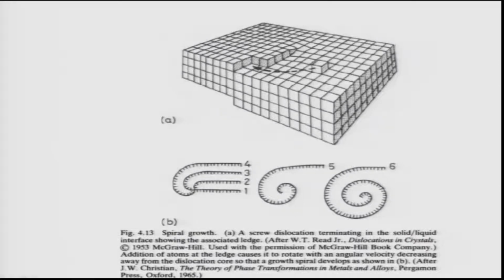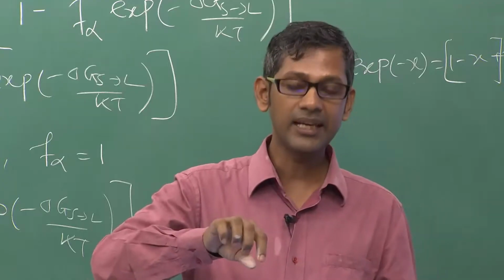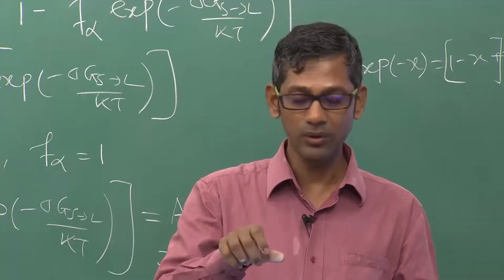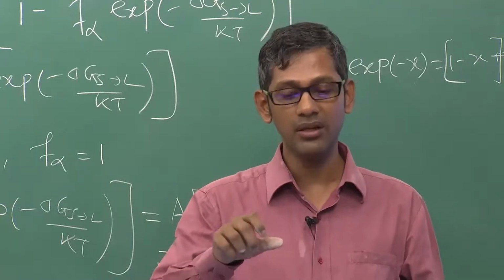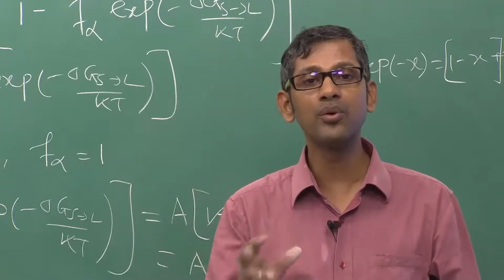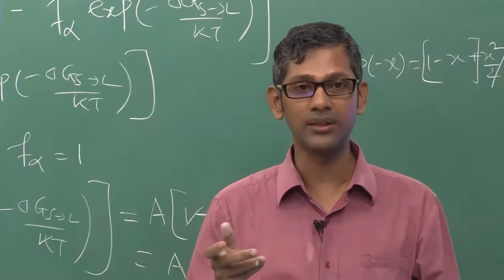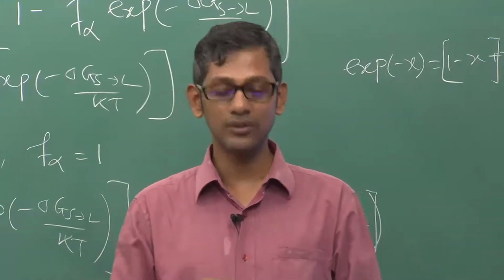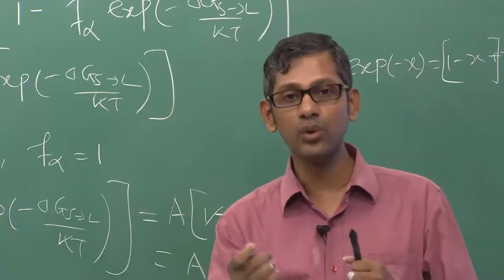So addition of atoms at the ledge causes it to rotate. Something very interesting happens. As the atom comes and joins, this screw dislocation will rotate. Why will it rotate? Because as the atom comes, it can no longer retain its screw nature. As more and more atoms come, it will slowly lose its screw nature. So to retain its screw nature, it will try to rotate itself.